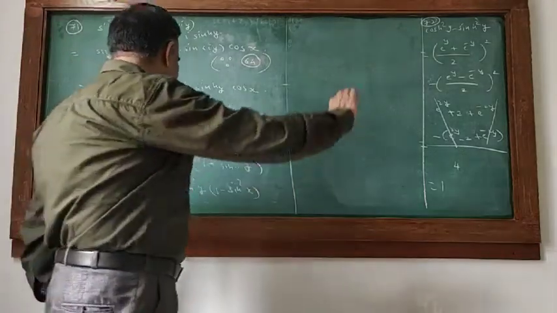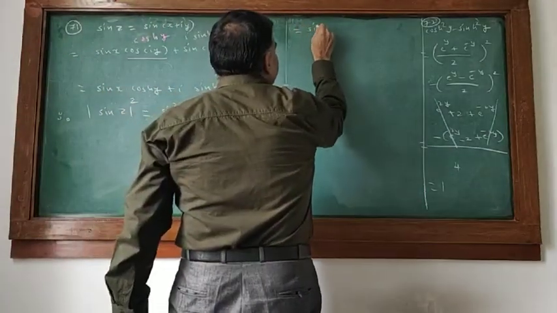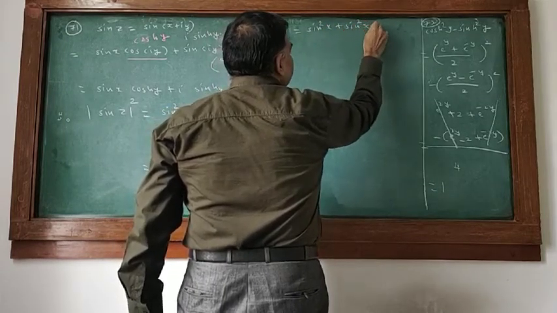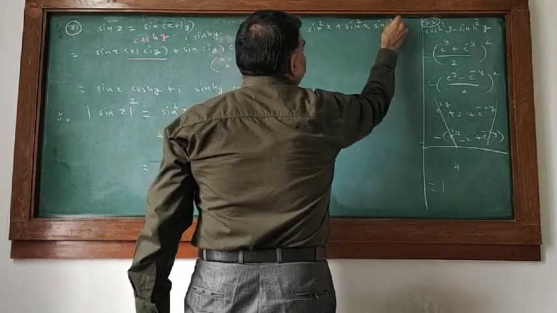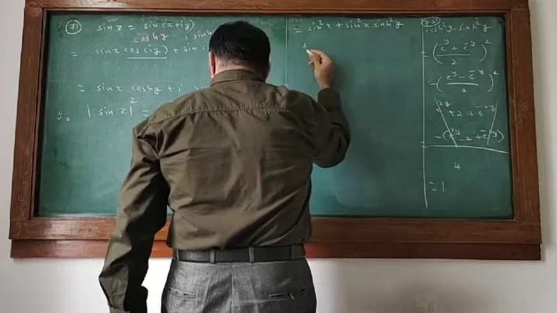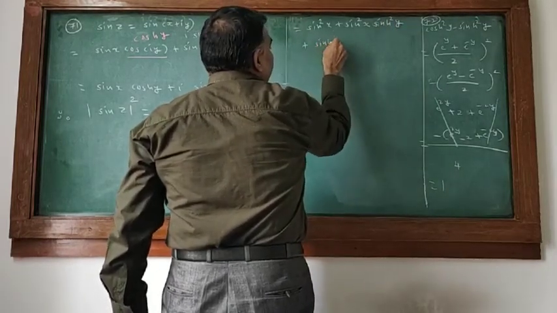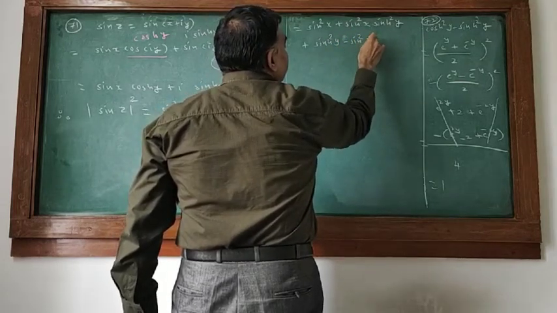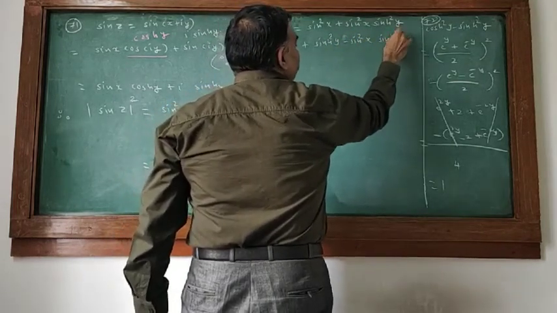This is equal to sin square x plus sin square x sinh square y plus sinh square y minus sin square x sinh square y.